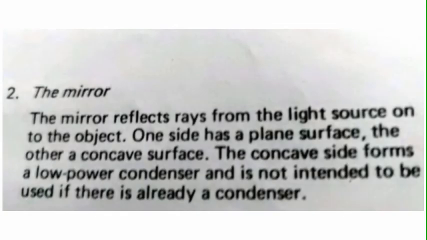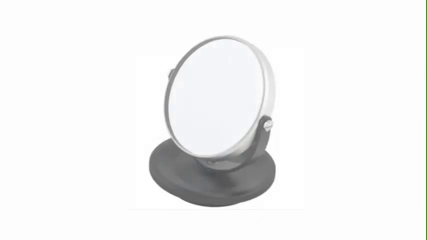Second part, the mirror. The mirror reflects rays from the light source onto the object. One side has a plane surface, the other a concave surface. The concave side forms a lower power condenser and is not intended to be used if there is already a condenser.